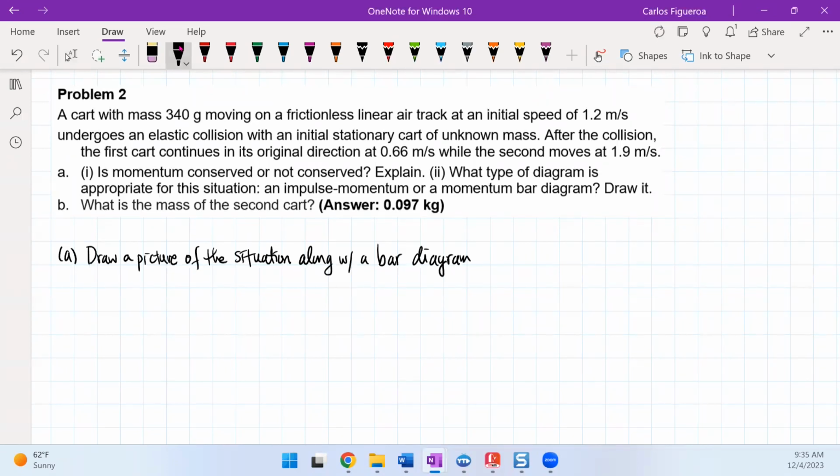So when I look at the situation beforehand, I have a block that's coming in, and I'm going to say that it comes in with some initial speed.